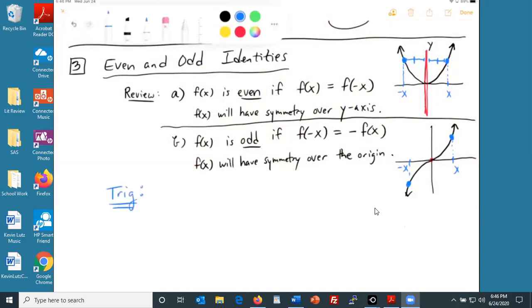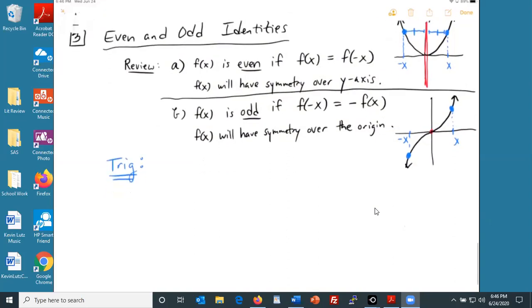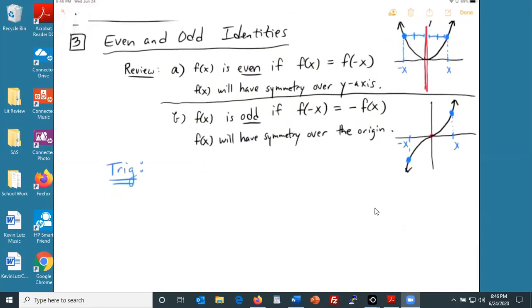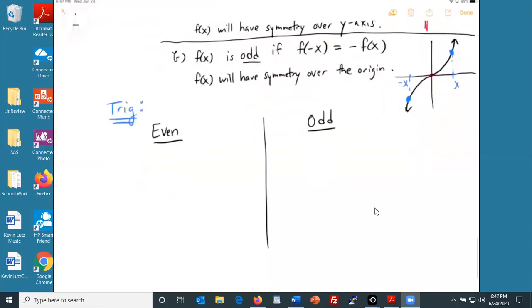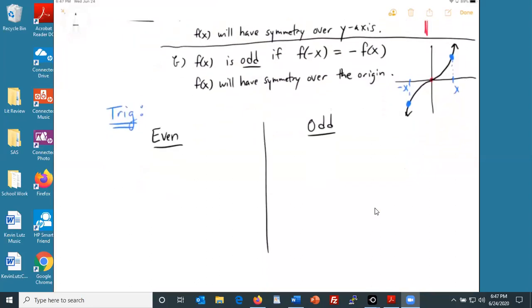All right, so what we're going to do now is make a list of the trig functions that are even and the ones that are odd. There are fewer even functions, and the ones that are even are cosine and secant.